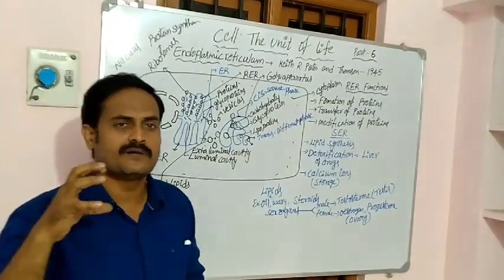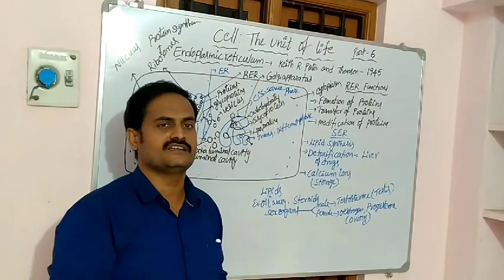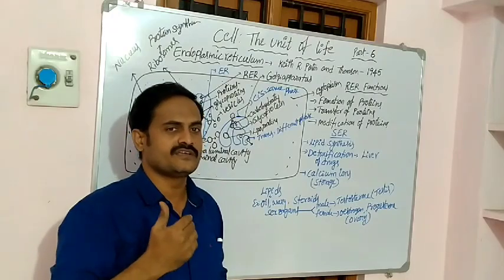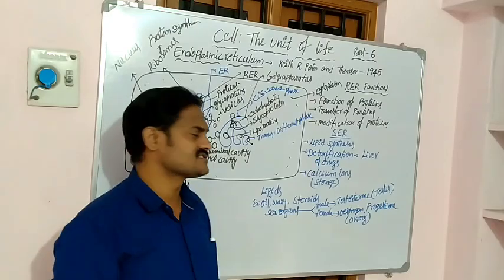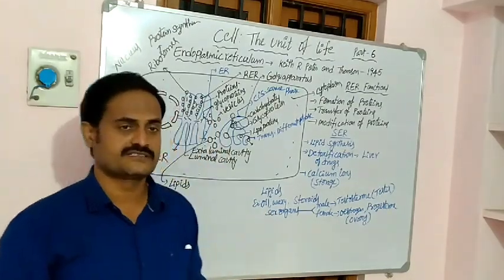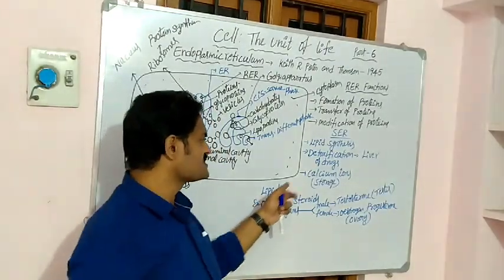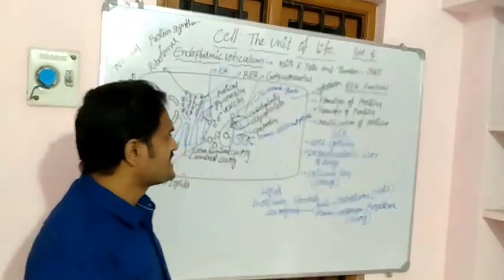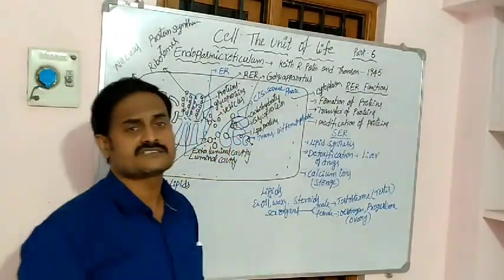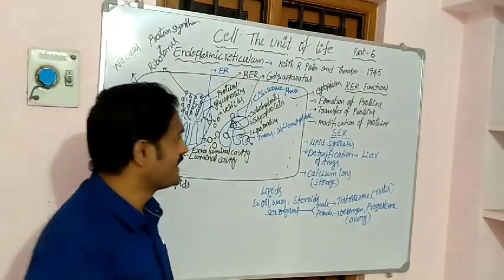Once the muscles start contraction, we show some movement or locomotion. Every movement depends upon the calcium ions. These calcium ions are secreted by the smooth endoplasmic reticulum. See how the calcium ions are helpful for movement.